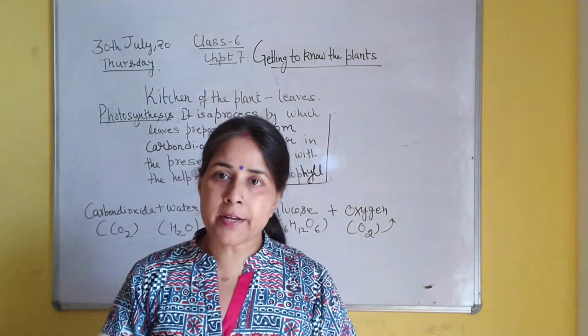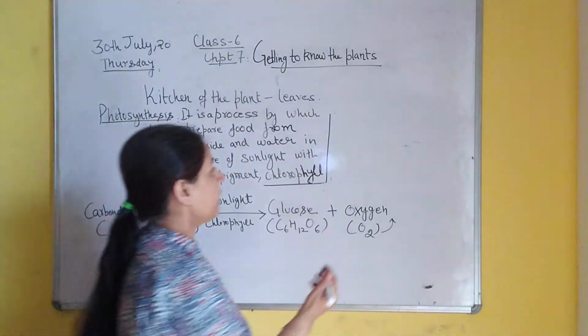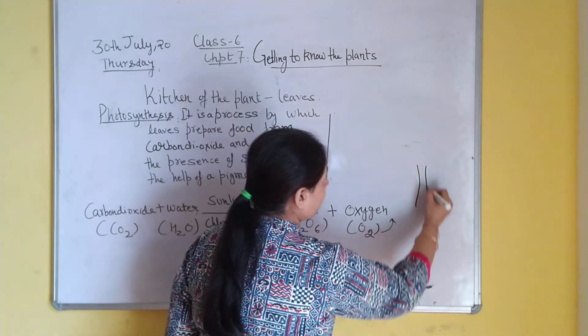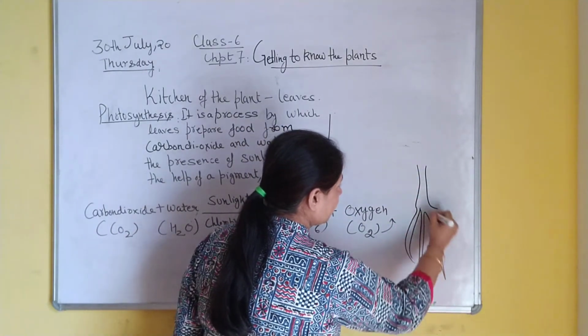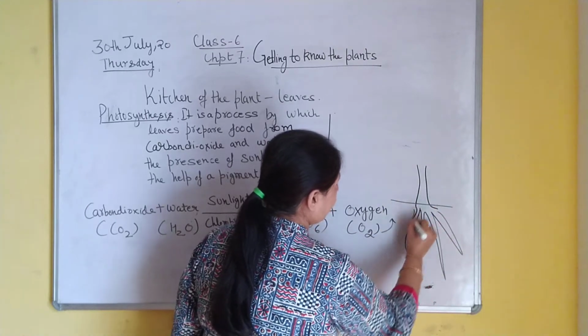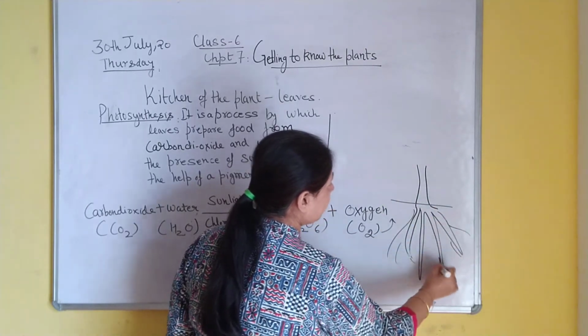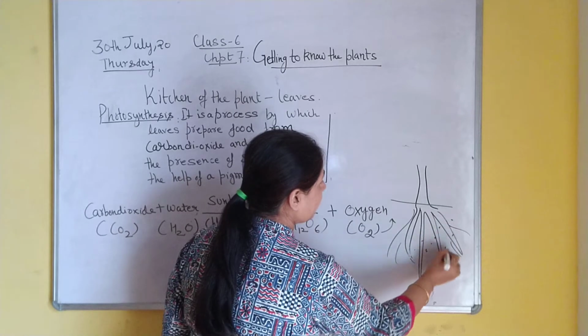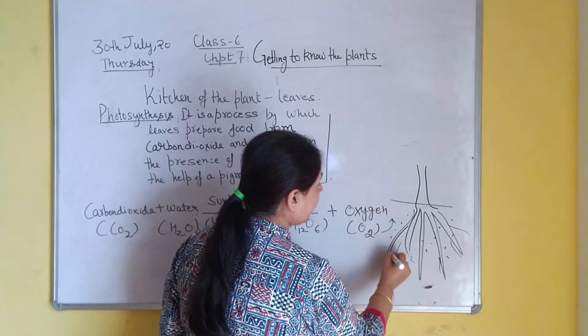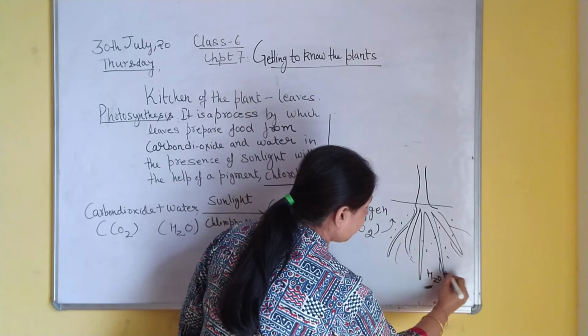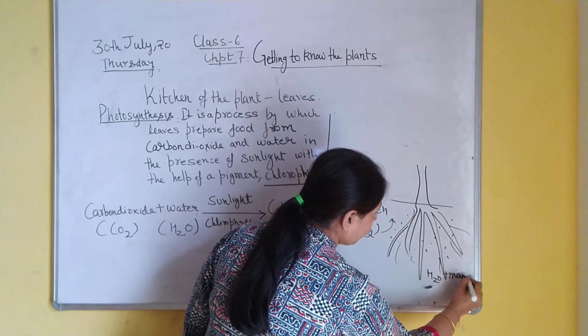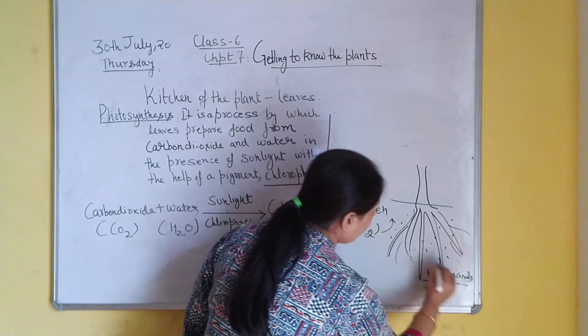Where does the plant get carbon dioxide and water? Now as I had already told you, plants have roots, and roots are underground parts. They fix the plant in the ground, and they take in water and minerals from the soil.